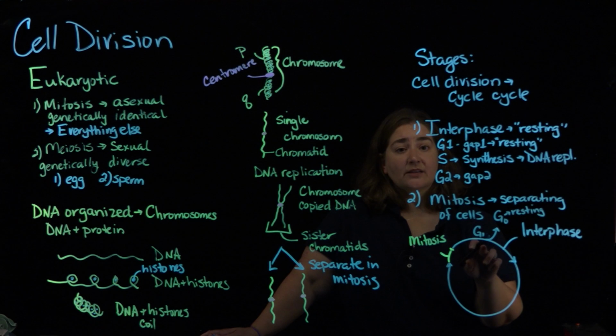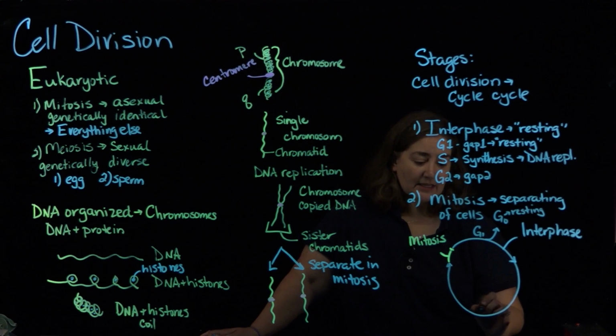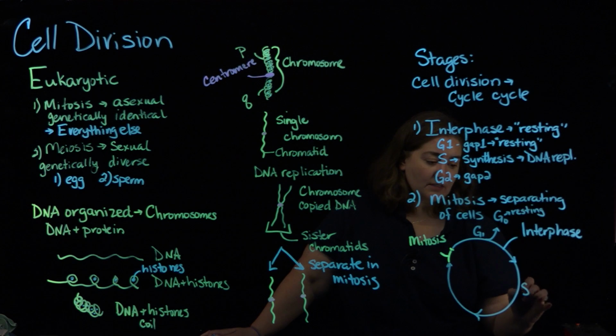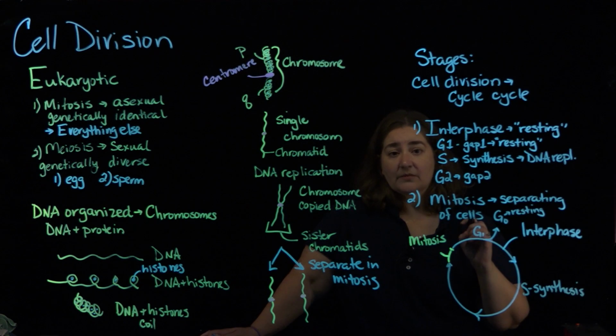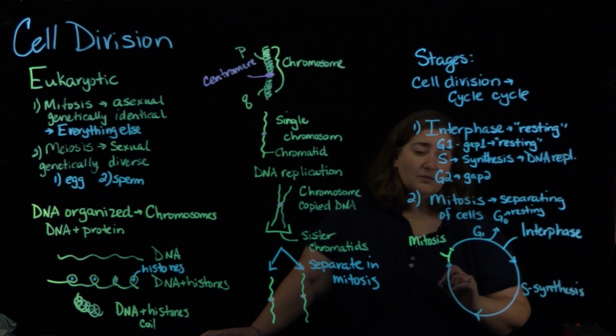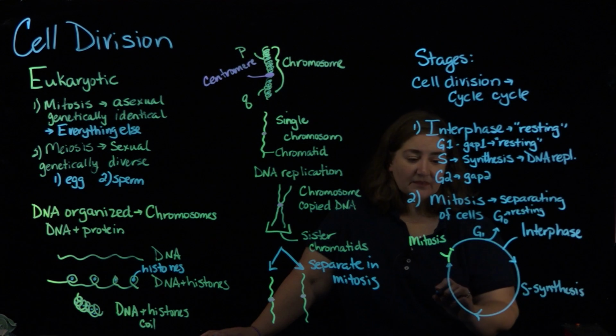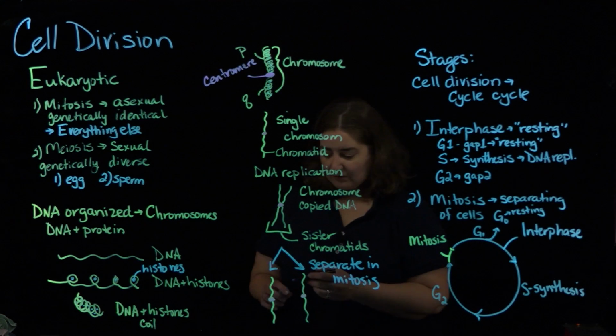We can track the stage of going between G1 and our next stage, which is going to be S phase, which is the synthesis or DNA replication. We can use special dyes and markers to be able to see that the DNA is replicating, okay? So this is going to be where DNA replicates. Our next step is going to be G2, okay?